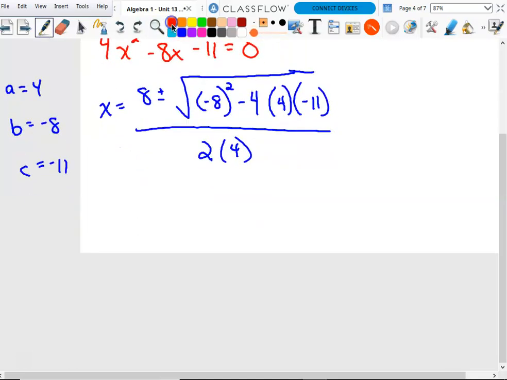Keep grinding. X equals 8 plus or minus the square root of 64 plus negative times negative. That's why I got plus. 4 times 4 is 16, and 16 times 11 is, I got to double check because I don't know.